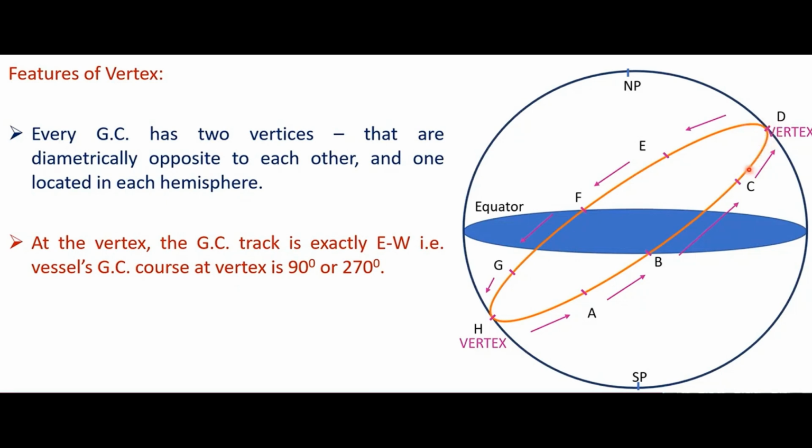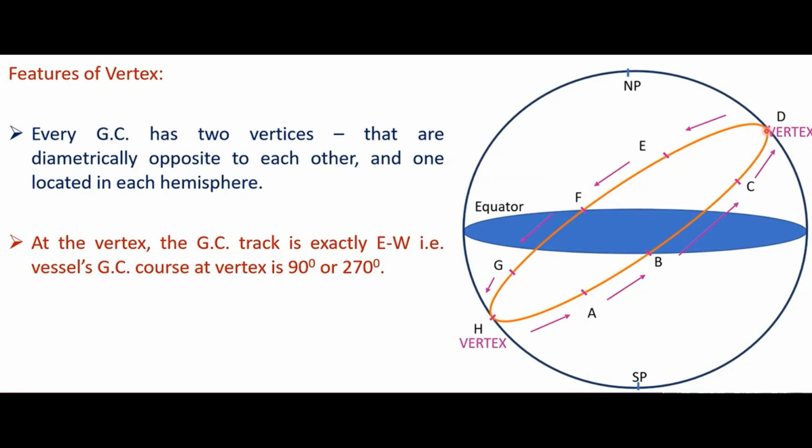And the point where the change takes place is point D, where the northerly component was continuously decreasing, becoming zero at the vertex before the southerly component sets in. So at the vertex, there is no northerly component of the course, there is no southerly component of the course. Therefore, the vessel's course will be either east or west.